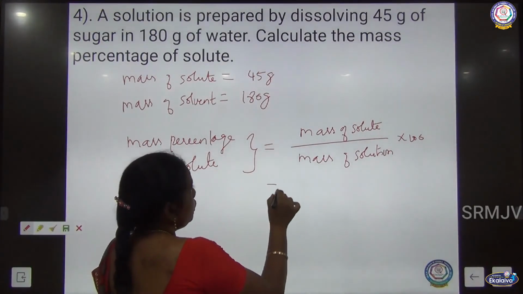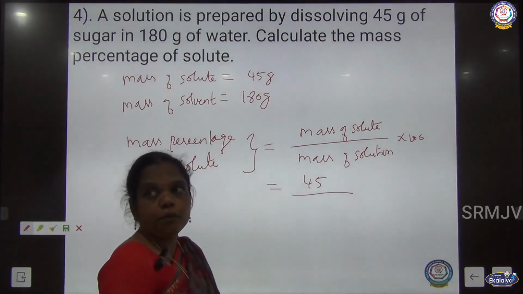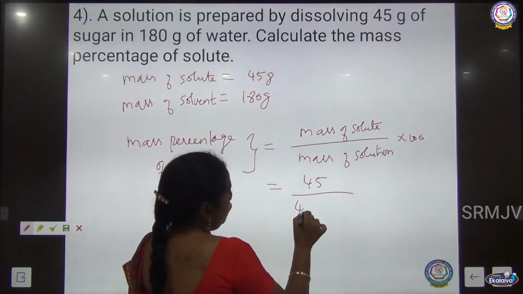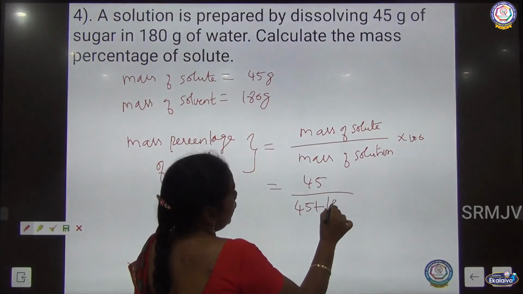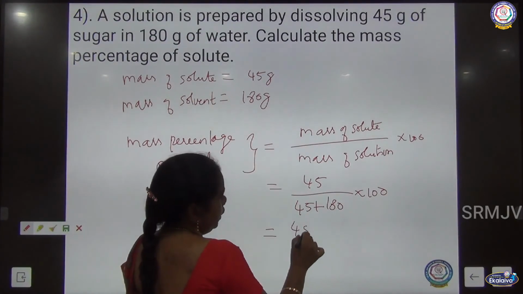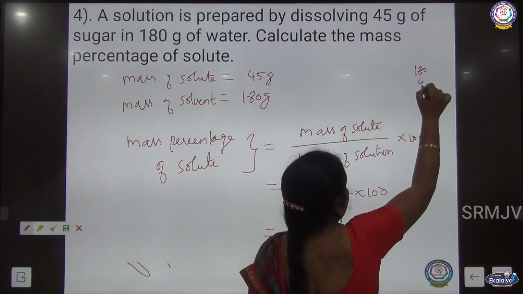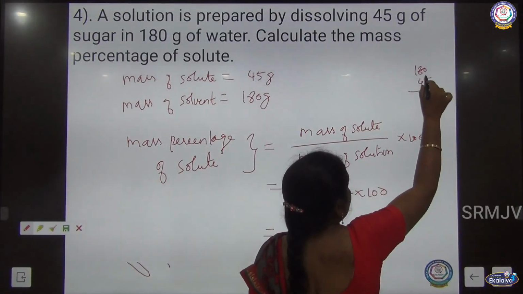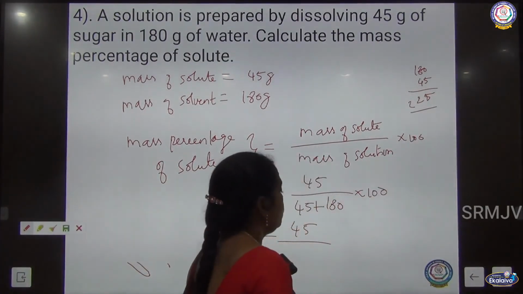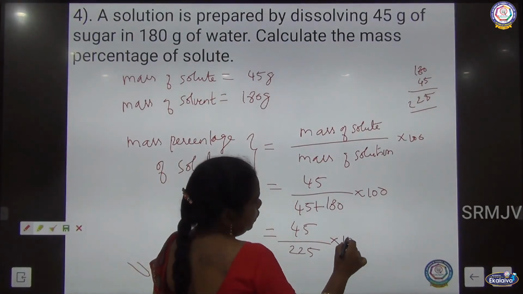Now you want to substitute the value. So mass of the solute is nothing but 45 gram, and mass of the solution is nothing but the mass of the solute plus mass of the solvent. So 45 plus 180 into 100. Now if you add 180 plus 45, 225. 225 into 100.